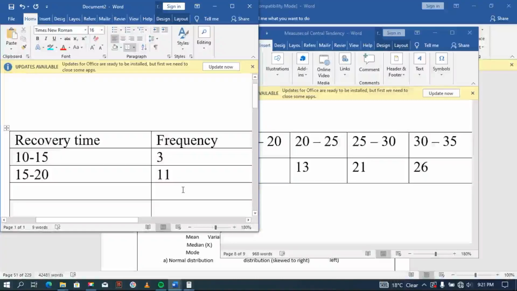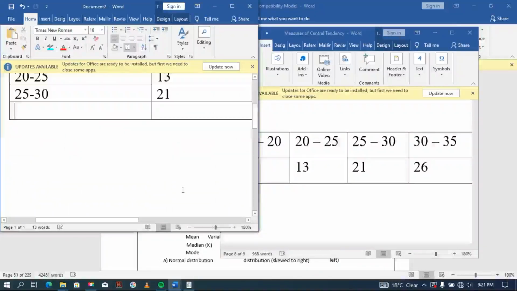The frequency is 13. Then we have 25 to 30. The frequency is 21. Then we have 30 to 35. The frequency is 26.